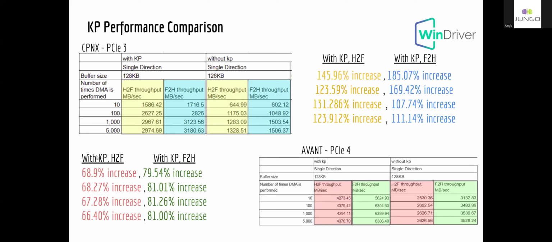But you can see that around 70-80% increase in performance is big. So if you look for ways to improve your FPGA PCIe driver performance, kernel plugin is the way to go.